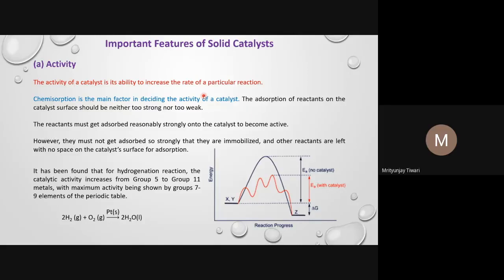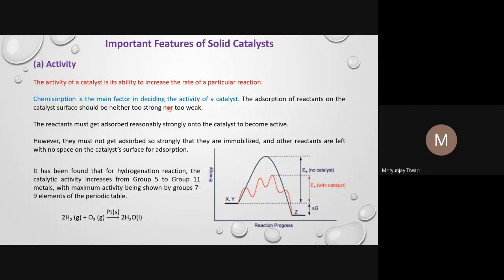However, what we have to see is that once this chemical reaction happens, the bond between the product and the catalyst should not be very strong, otherwise the product will not desorb from the catalyst surface. So in chemisorption there should be a balance.